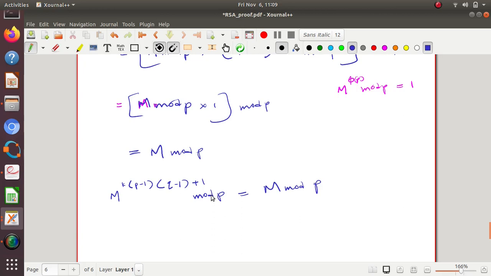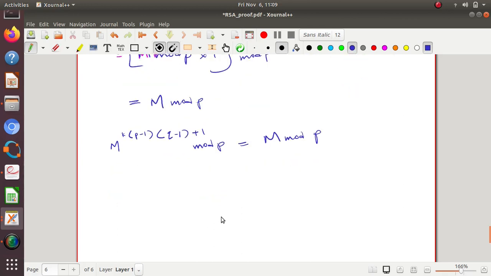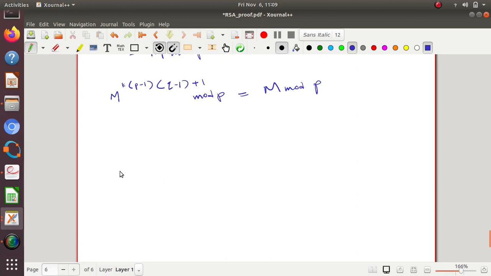Okay, so in both cases we will have m to the power k into (p minus 1) into (q minus 1) plus 1, mod p, minus m mod p is equal to 0.